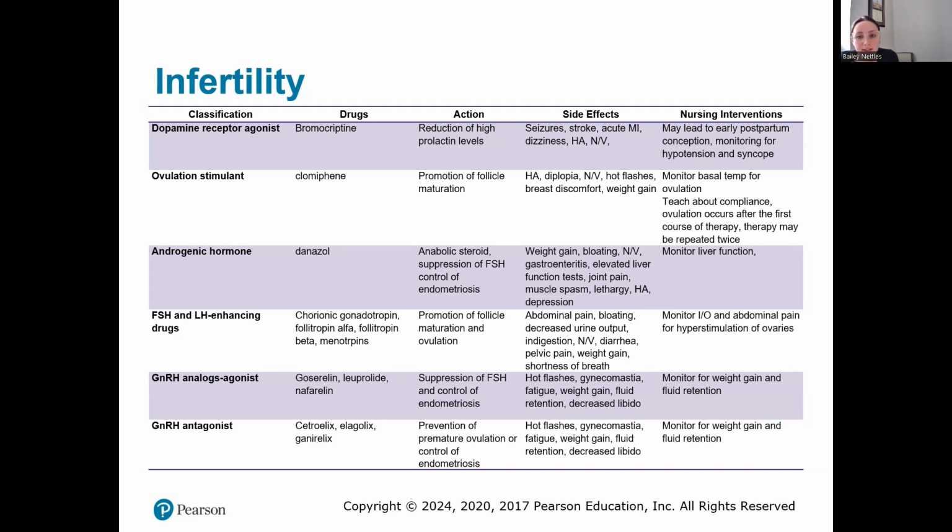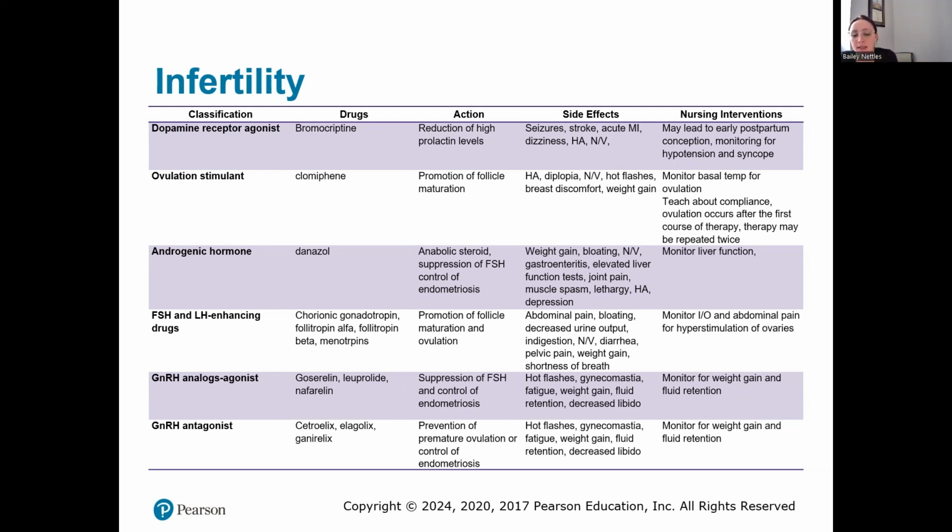Sorry. FSH and LH enhancing drugs. So they promote follicle maturation and ovulation. The gonadotropin analogs agonists. So that suppresses FSH and helps control endometriosis.